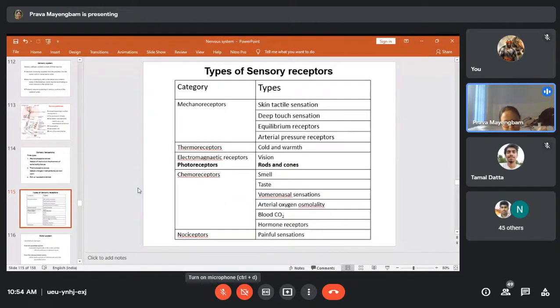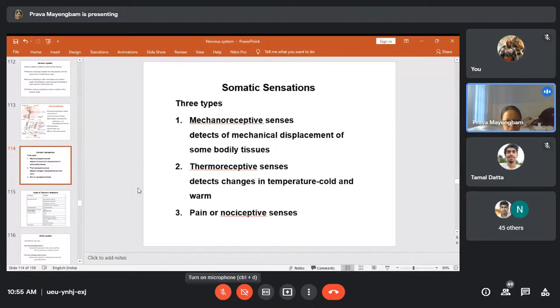We have discussed many things today. One is the mechanism of micturition. Next, we have discussed what the sensory receptors are, what the sensory pathway is, maintenance of posture, somatic sensations, and what the motor pathways are.